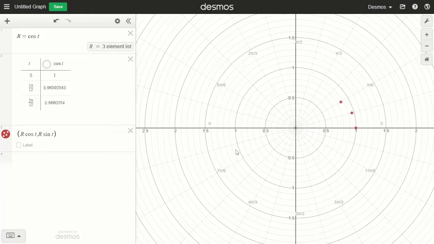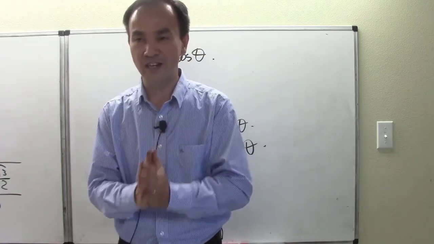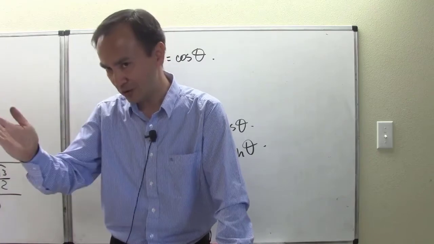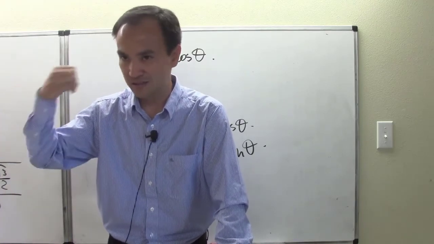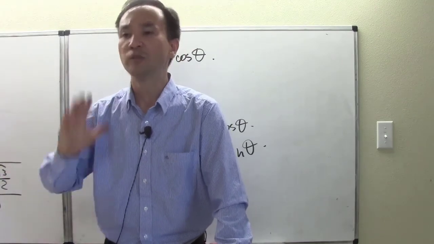All right, and then now you can start seeing that as we change angle, we have more points, and we can see how these points form into a path, and that helps the learning a lot better. You will have a much better understanding of your polar curves, of how they behave as the angle theta changes. Otherwise, if we just let the calculator give out immediately, here you go, here's your polar graph, you will learn nothing.